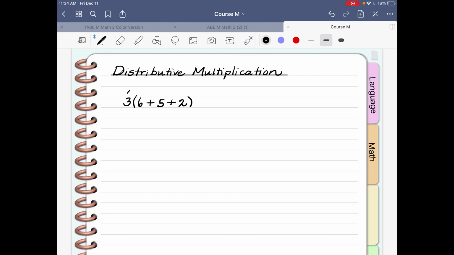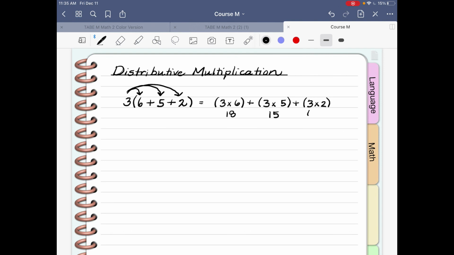So I'm going to multiply 3 times 6, then 3 times 5, and then 3 times 2, and simplify. 3 times 6 is 18. 3 times 5 is 15.